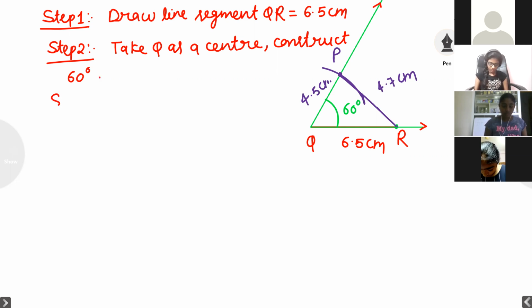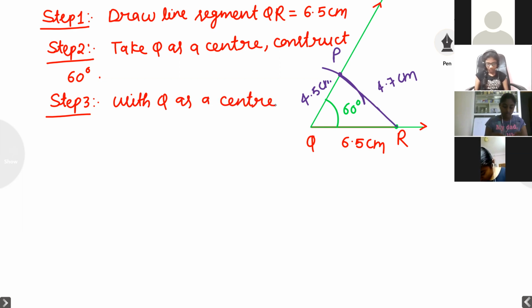Step 3, with Q as a center. Center spelling is CENTRE, not ER.